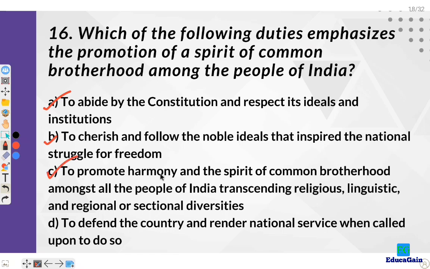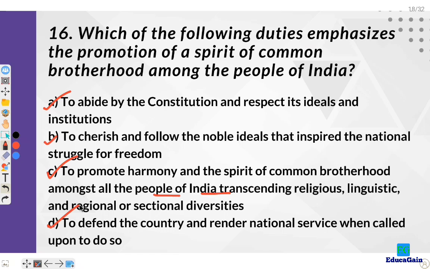C, to promote harmony and the spirit of common brotherhood amongst all the people of India, transcending religious, linguistic, and regional and sectional diversity. D, to defend the country and render national service when called upon to do so.